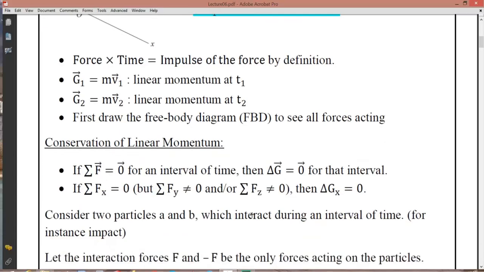Now, if we are to talk about conservation of linear momentum, that means for an interval of time, if the net force acting on the particle is zero for that interval, the linear momentum did not change. So whatever the linear momentum of the particle was, it is conserved.